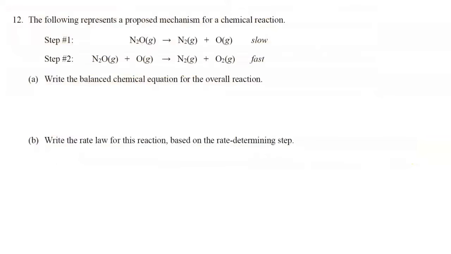All right, moving on to question 12. We have a brand new proposed mechanism, and part A is the same as before. We have to write the balanced chemical equation for the overall reaction. Let's see what I can cross off on both sides. So in step 1, I see that atomic oxygen appears as a product, and in step 2, I see that atomic oxygen appears as a reactant.